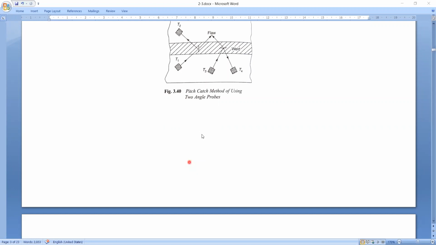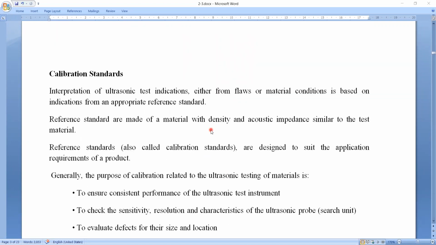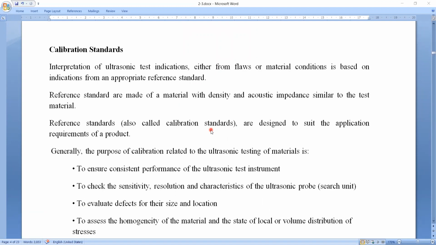Okay, our next concept is calibration. What is calibration? You have studied this concept in the metrology lab, where we calibrate different instruments with standard references.